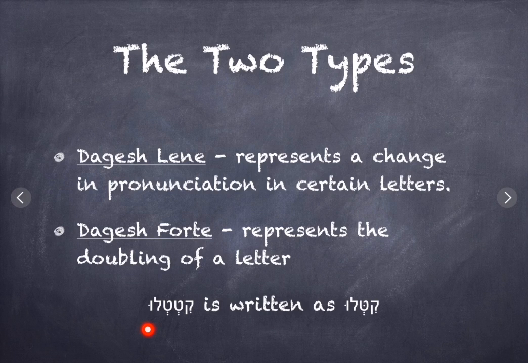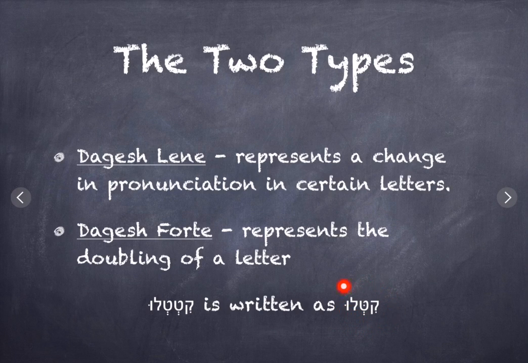So if you see my example below, we have Kitulu, we have two tets back to back. The first one on the right with a silent schwa, the second with a vocal. But Hebrew doesn't like two letters back to back that are similar like this. And so they'll assimilate the one on the right into the one on the left, and you get a Dagesh Forte, which is what you see over here that I'm circling.